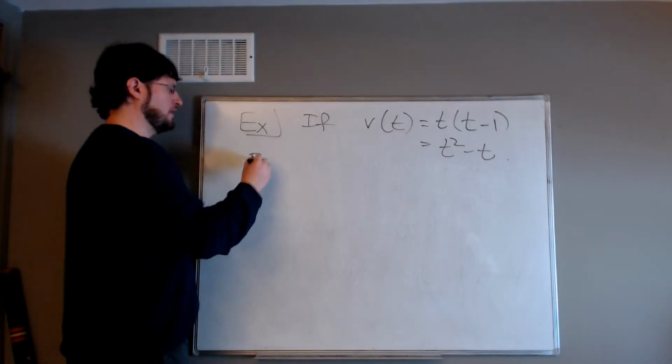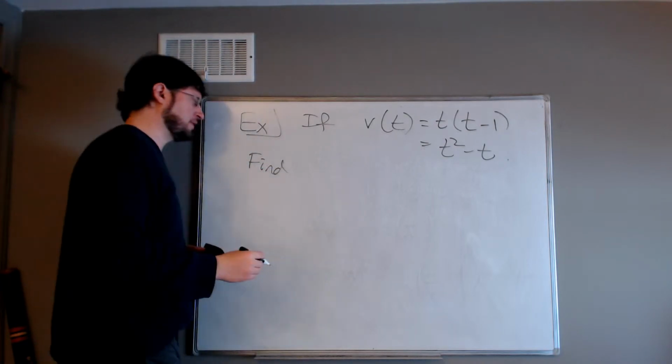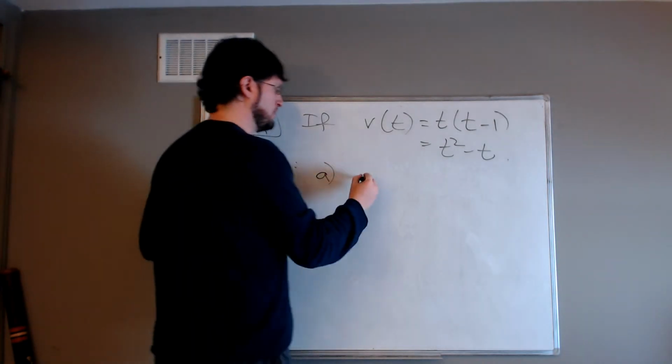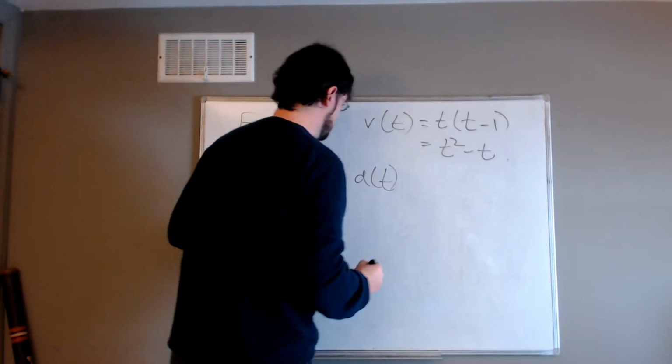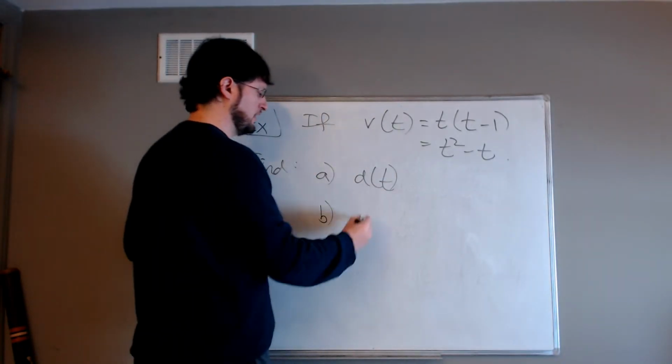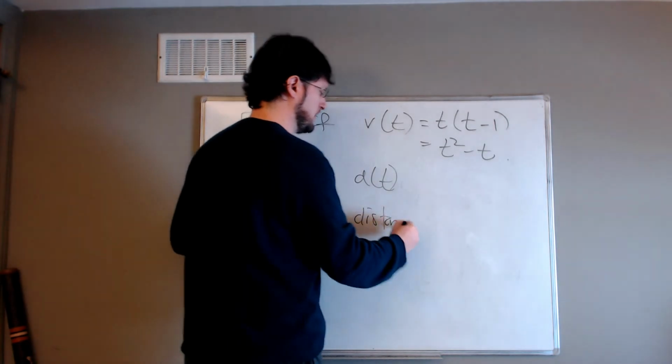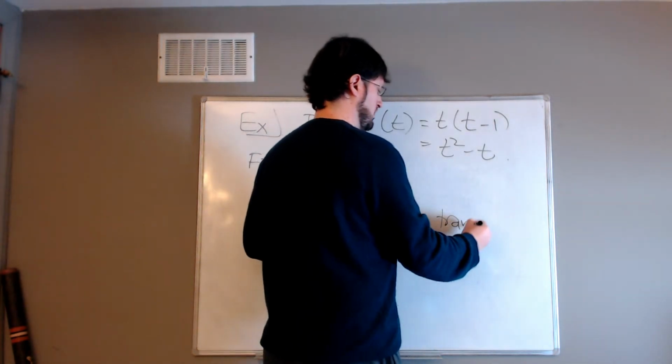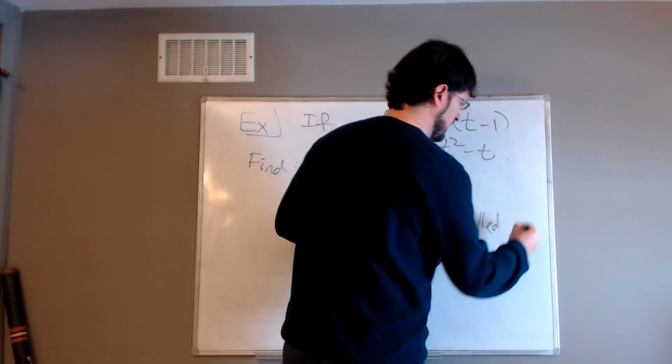Let's find two things. A, the displacement at time t, and B, the distance traveled. This is going to be different.